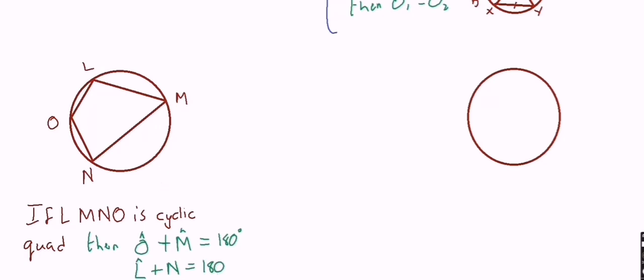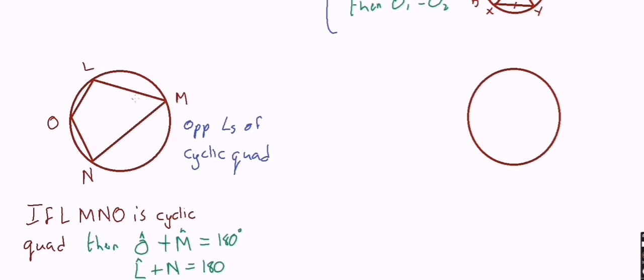So if I'm using this, I would say opposite angles of a cyclic quad. We can create the converse of this, right? The converse would be, if I can prove that this plus that is 180 degrees, then this figure is a cyclic quad.